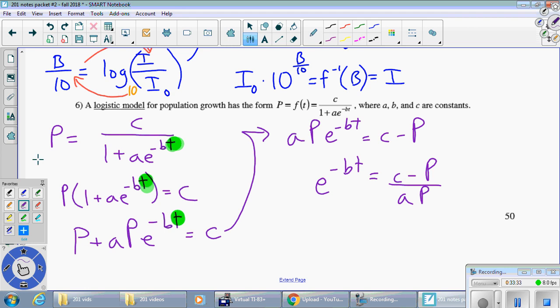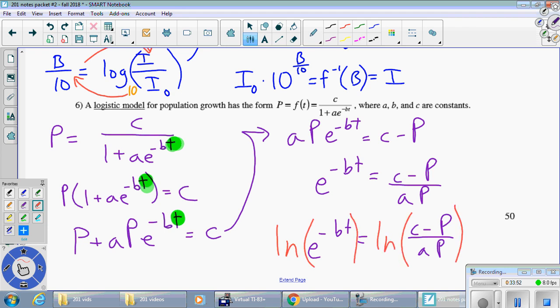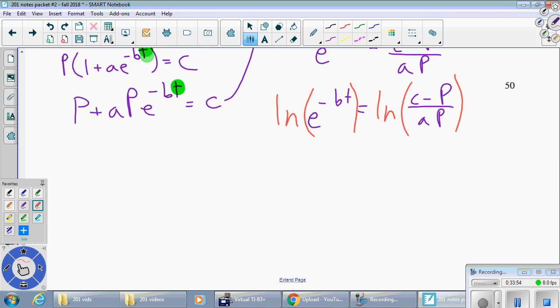So now we're going to do ln of both sides. Again, using ln specifically here because there's an e. So I'll copy both sides but leave a little bit of space. So ln of both sides. And now on the left-hand side, good things happen.